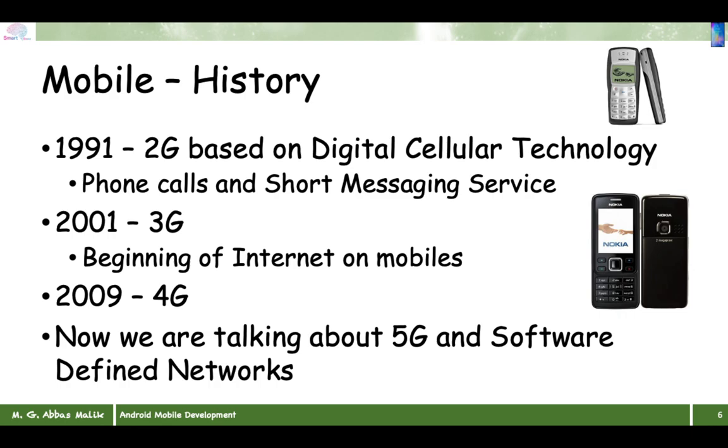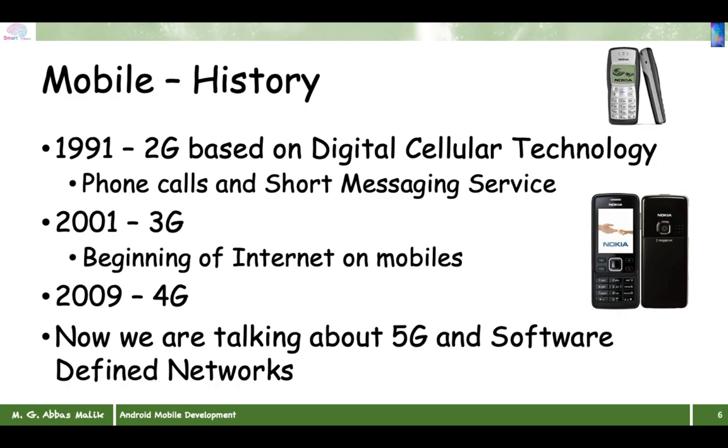In 1991 we had the second generation, in 2001 the third generation, in 2009 the fourth generation, and now cellular networks are installing 5G. And now that they are installing 5G, we are talking about 6G, sixth generation wireless networks.